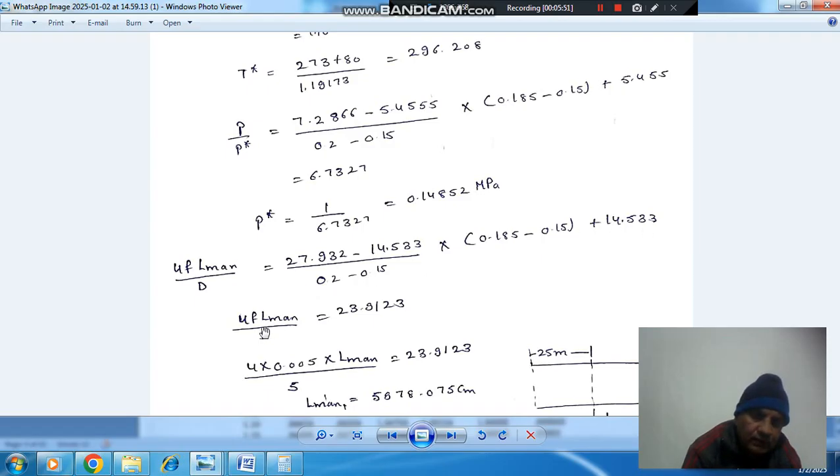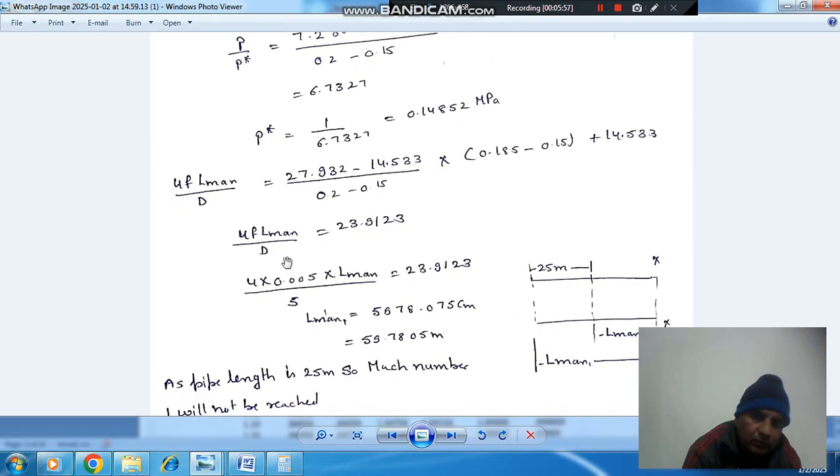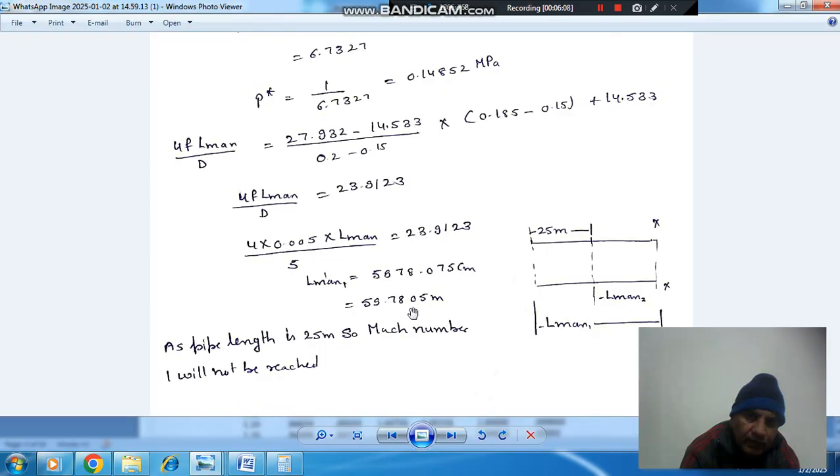Following this we get 4fL max by D as 23.9123. Okay. So putting the value f as 0.005, we get L max 1 as 59.7805. But the length is 25 meters.